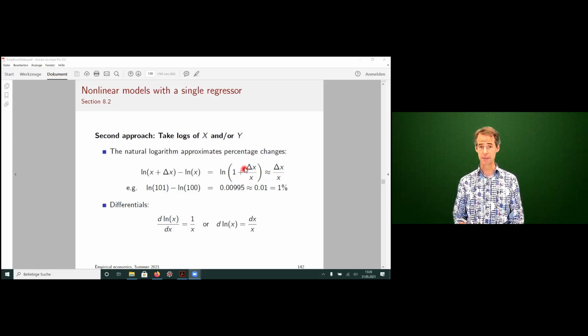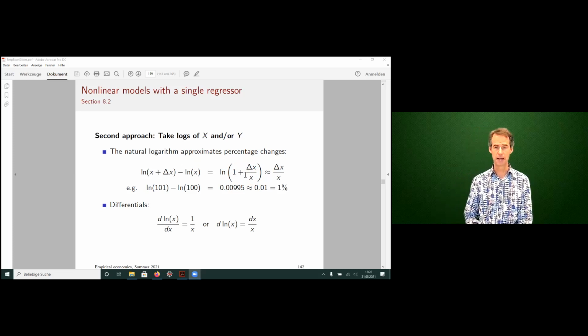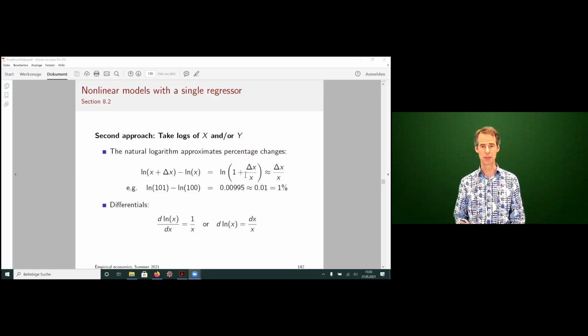And then we can take a first order Taylor expansion of the log around the point 1. This approximation will be quite close if we are near the point 1, say if this value here is small. Then this log can be approximated, because of this Taylor series property, by just delta x over x.